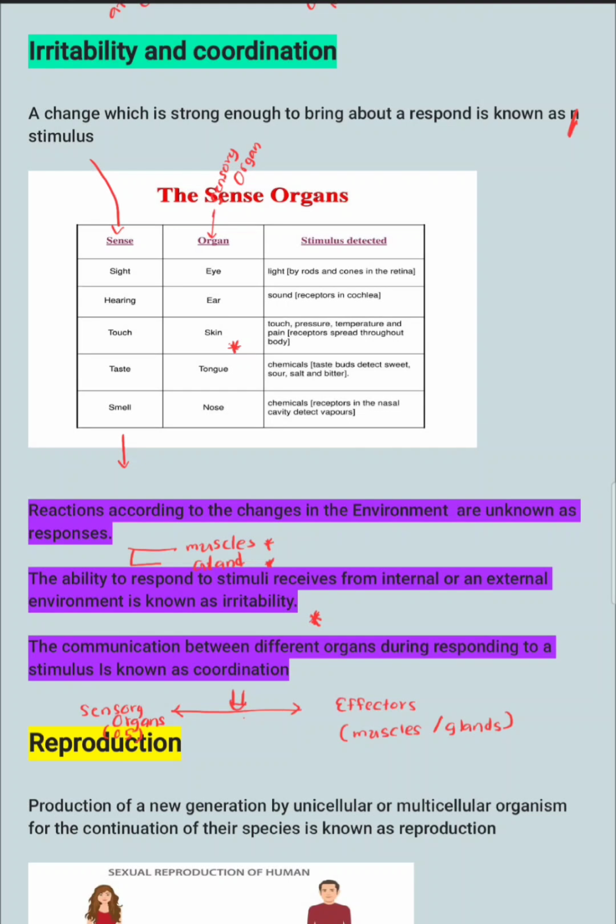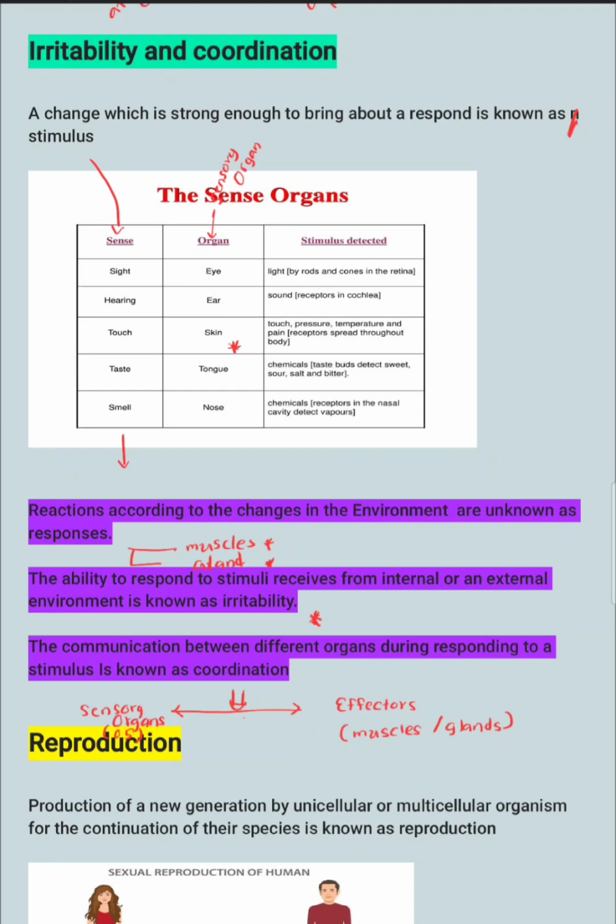Likewise, the ability to respond to stimuli received from the internal and external environment is known as irritability. And respond එකක් අපිට මේ විදියට දෙන්න පුළුවන් එක. එහෙම නැත්නම් ability එක අපි කියන්නේ irritability එක. The communication between different organisms during responding to a stimulus is known as coordination.